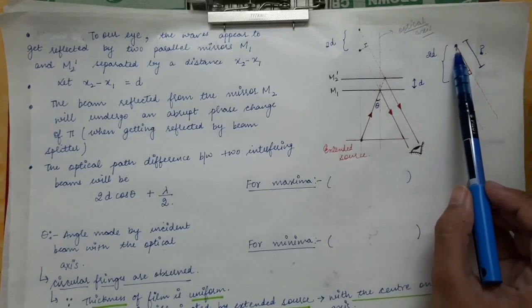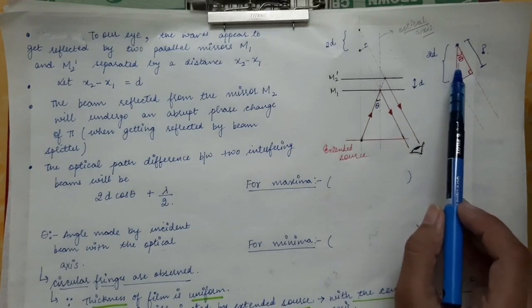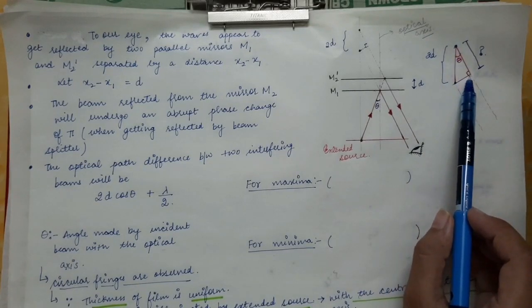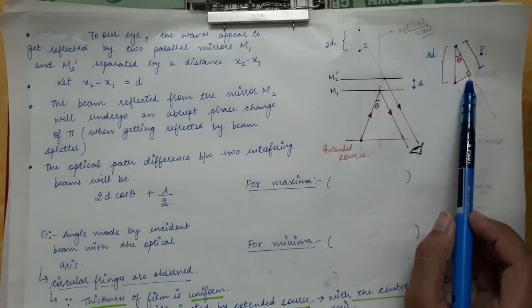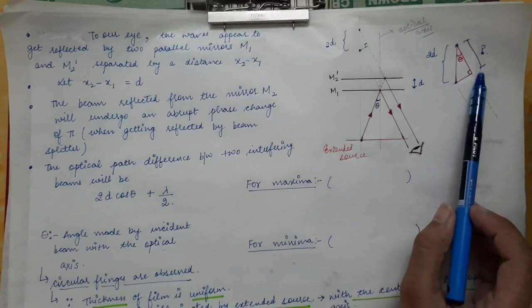Now we know the distance 2d. This is the hypotenuse of this triangle, and what we want to find is this path, because this is the extra path which is travelled by the second ray as compared to the first ray. So that will give us the optical path difference.